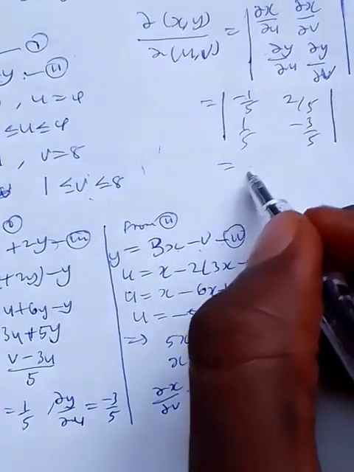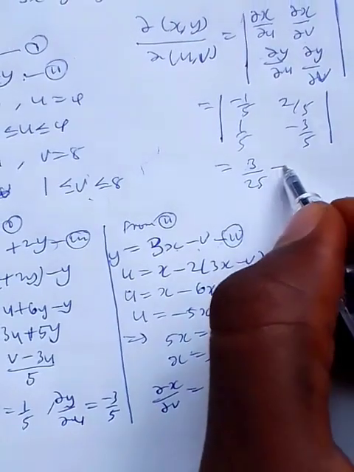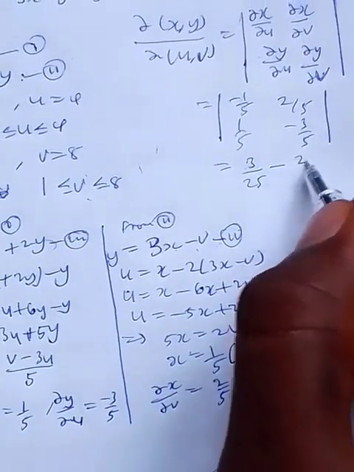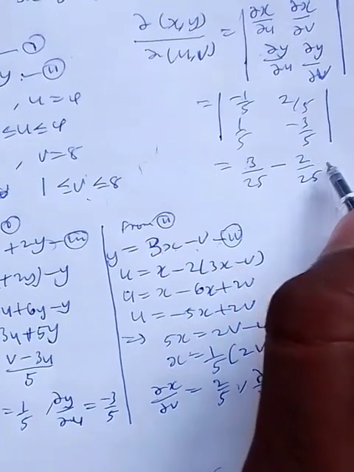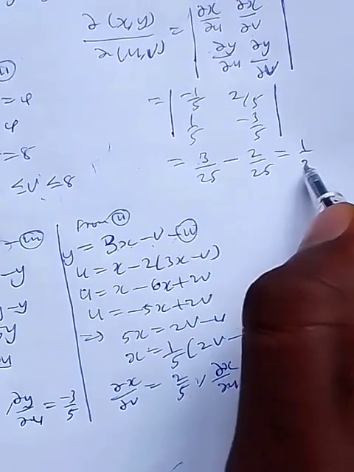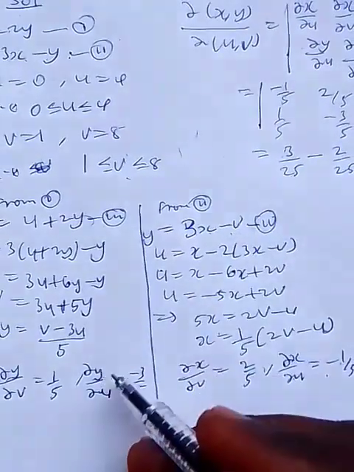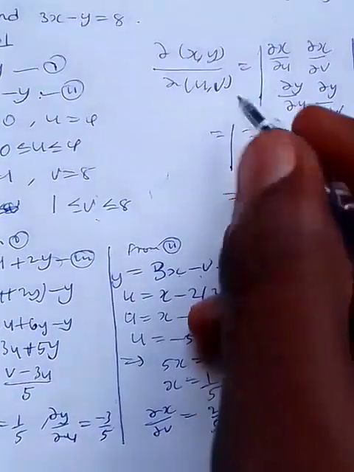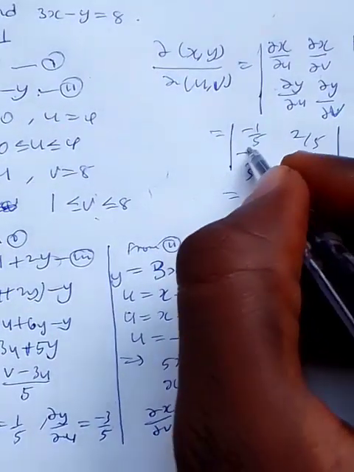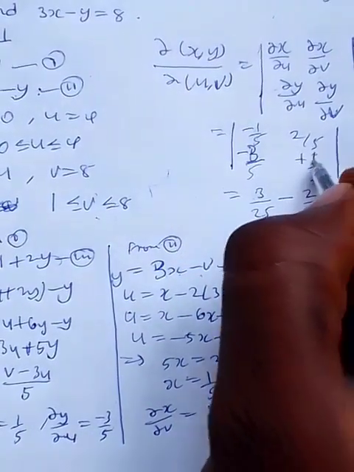There's an error here: partial y partial u is minus 3 over 5, and partial y partial v is 1 over 5.